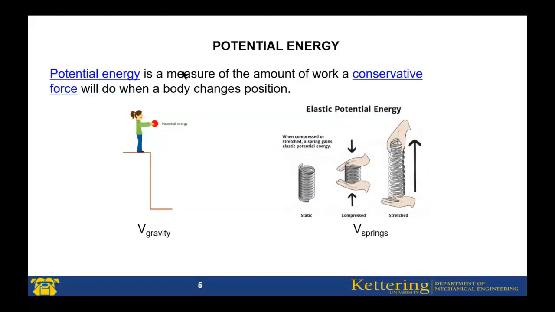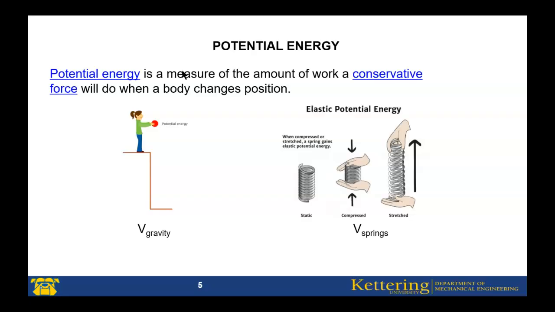Okay? Now, what you learned before, I think most of you know about potential energy. Potential energy is the measurement of the work of a conservative force. A non-conservative force, such as friction, cannot have a potential energy.